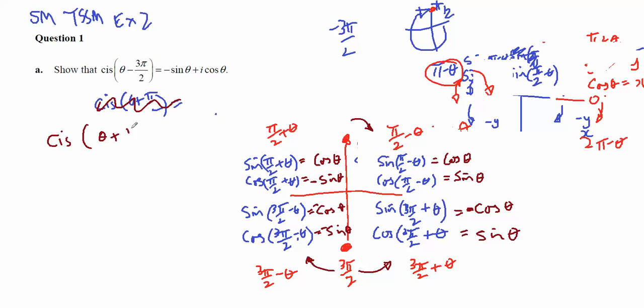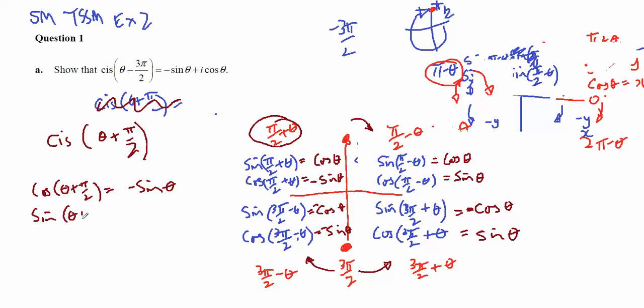theta plus pi on 2, then I'm in this quadrant here, and therefore the cos of theta plus pi on 2 is going to equal minus sine theta, and the sine of theta plus pi on 2 is going to equal cos.